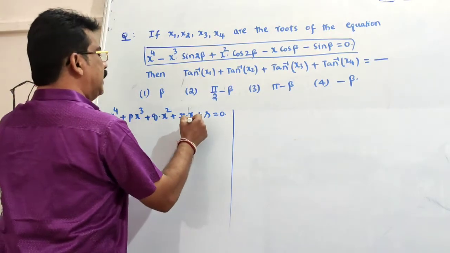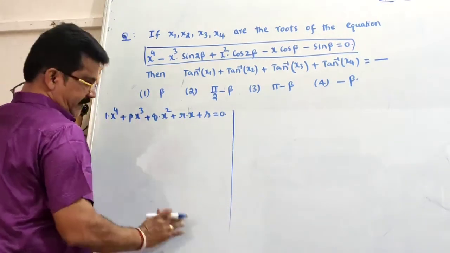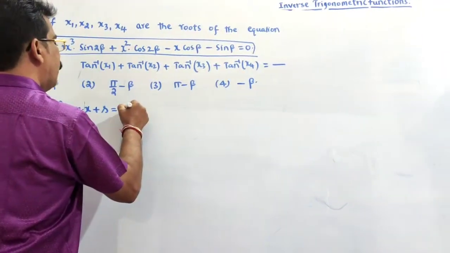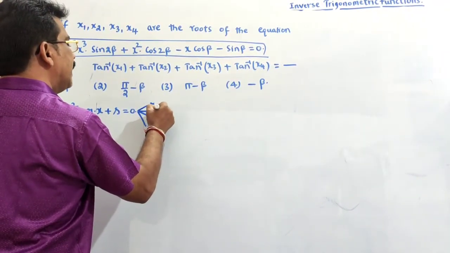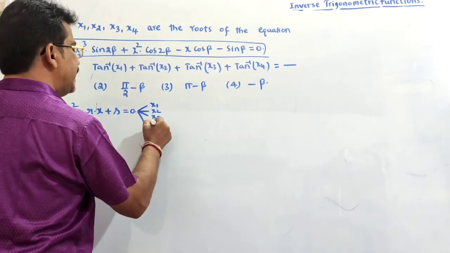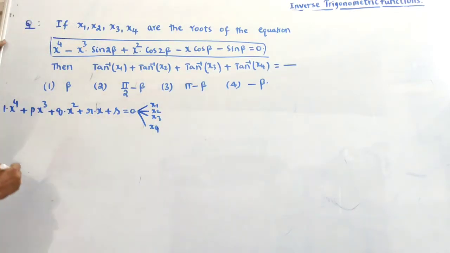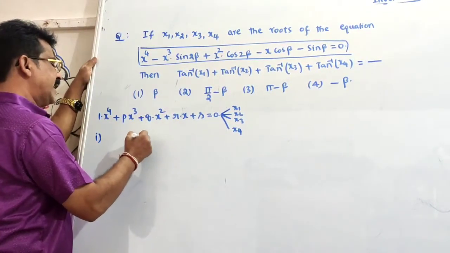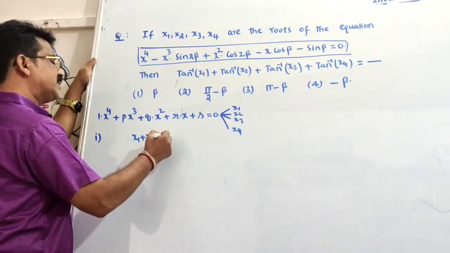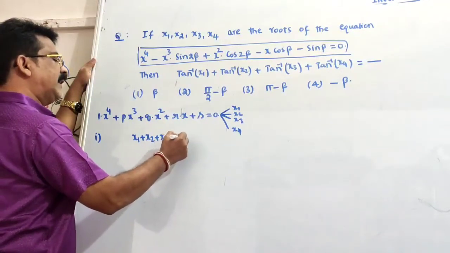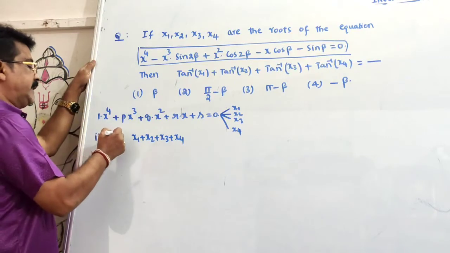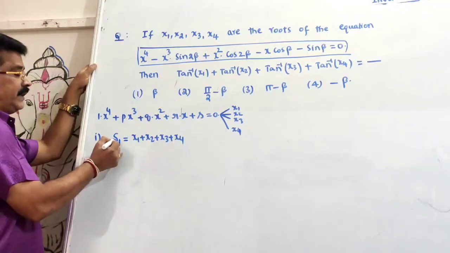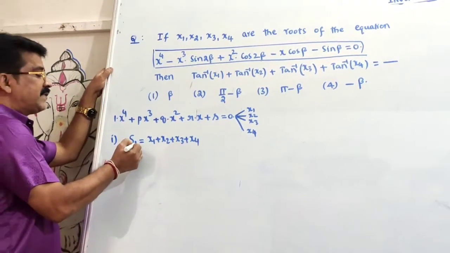For example, if this equation has 4 roots, namely x1, x2, x3, x4, then the first is the sum of the roots, x1 plus x2 plus x3 plus x4. It is denoted by S1, the first sum. S stands for sum, 1 stands for first sum.